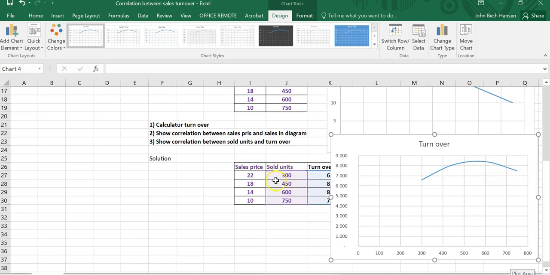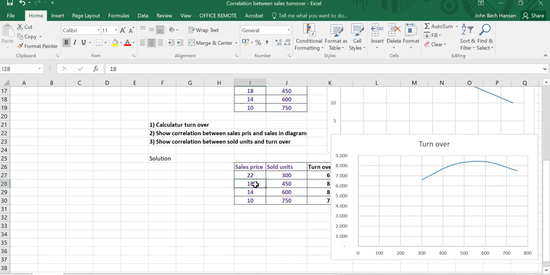In this case, we haven't shown all possibilities. We have only shown the possibilities with a jump in prices of 4. But of course, we could also say, well, what if we put in a price between 18 and 14? We'll come back to that later.